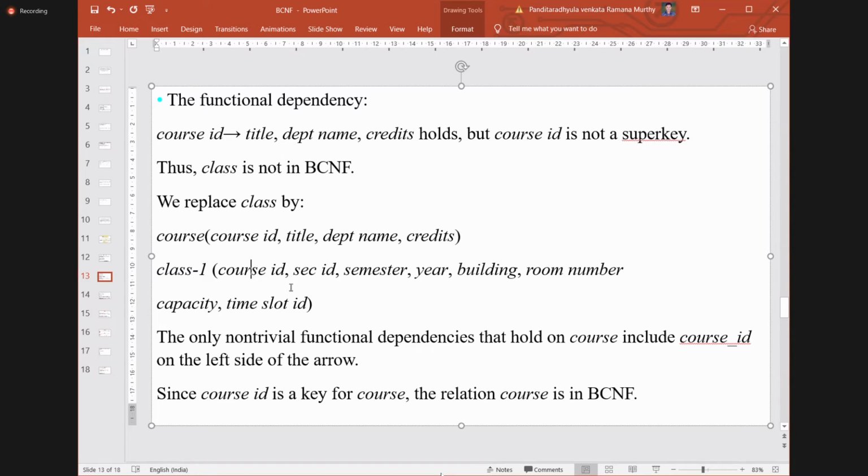When it comes to these non-trivial functional dependencies, the course ID is on the left-hand side as in the previous one. Now this functional dependency completely holds on the first part of the table. On the first part, course ID can be declared as the super key because there are no other values which force course ID to be duplicated.